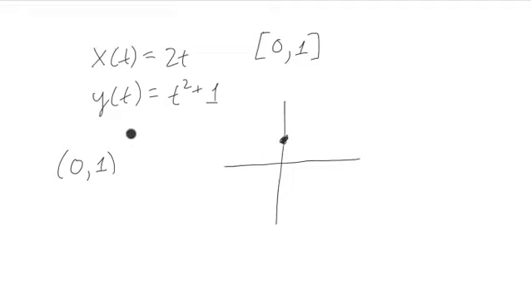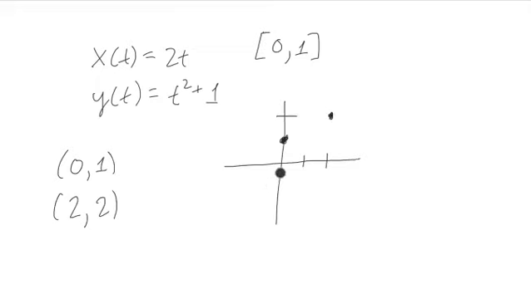Now, where will we end? At t equals 1. Plugging that in, 2 for x, and 1 plus 1 for y, so we'll be ending at 2, 2. We'll be ending at this point over here.